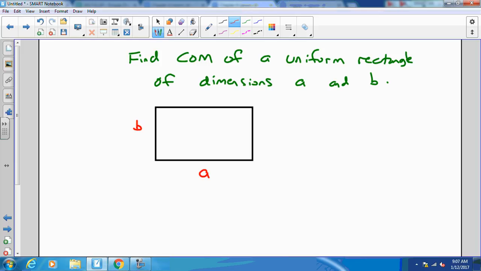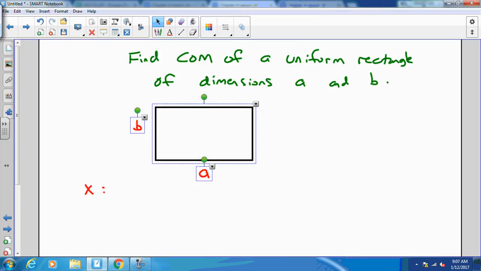Okay? So the first thing to understand is that the x's and the y's are independent of each other, so that we can march through and do all the x's separately and all the y's separately. So let's consider the x's first.